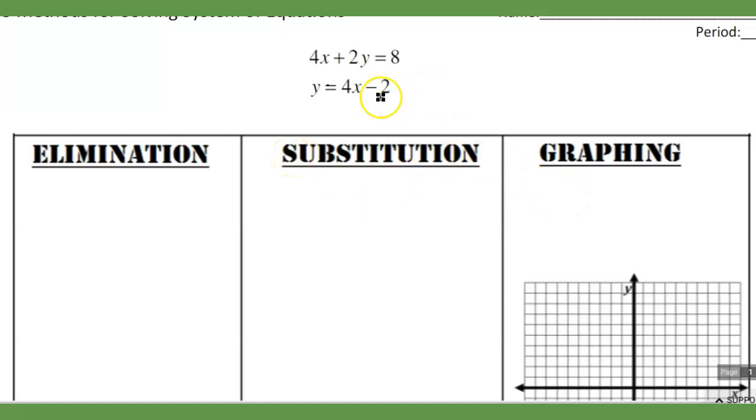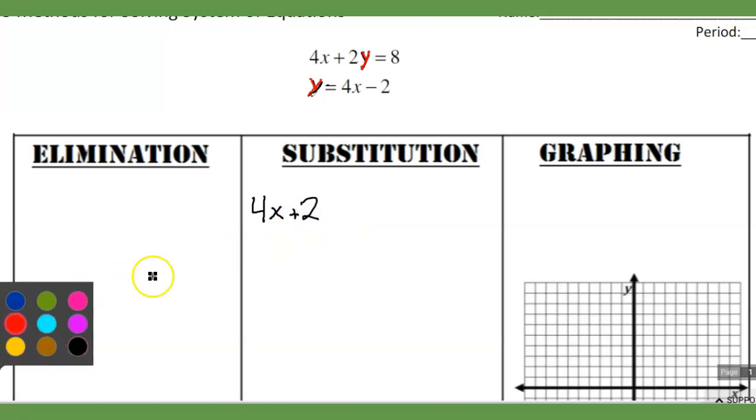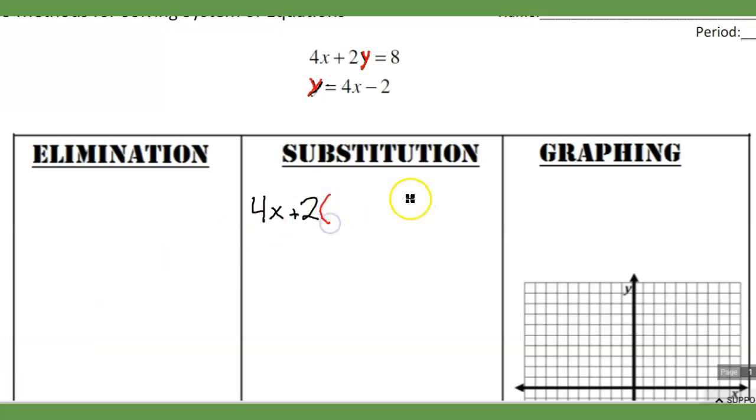So if you might recall, if it's already solved for y or x, it makes it a little bit easier to do the substitution method when we have a y equals or an x equals. So this would be the best method for this particular problem because of that. So we have 4x plus 2 times y.